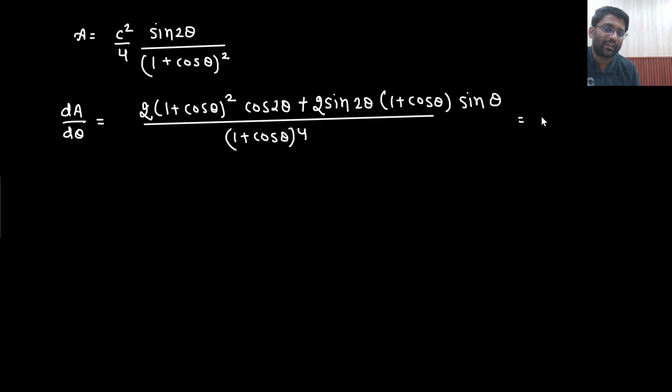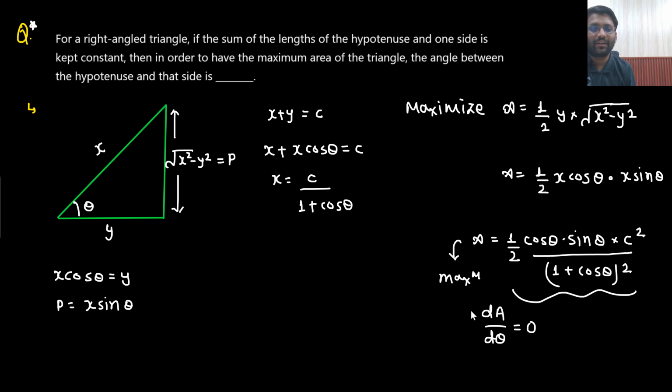Now we need to put this equal to 0. So from here, this will go to 0, doesn't matter. What common can I take? 1 plus cos theta I can take common. Can I take anything else common? No. Only 2 into 1 plus cos theta I can take common. Can you see how complex the calculation is getting? But for sure in the examination, this is the first thing that will click to me.